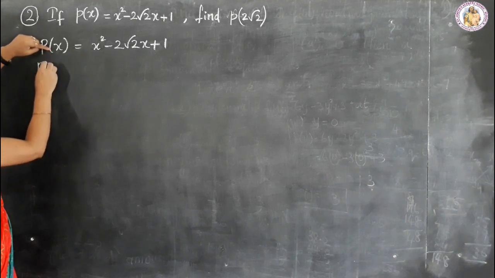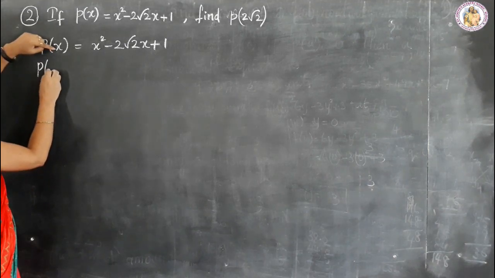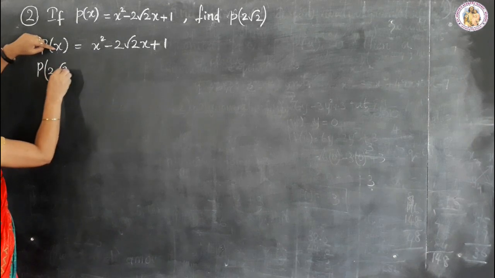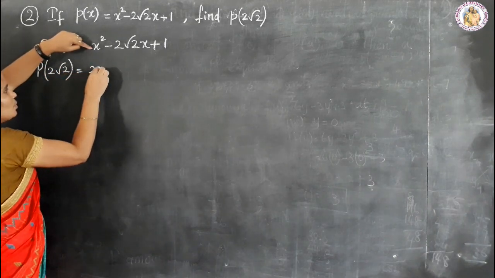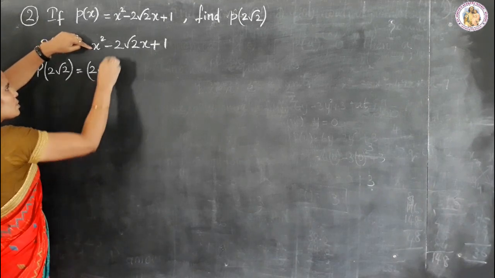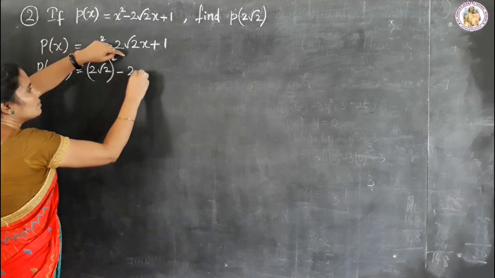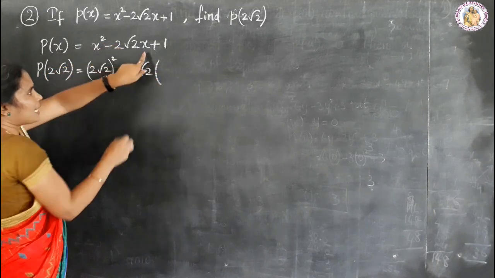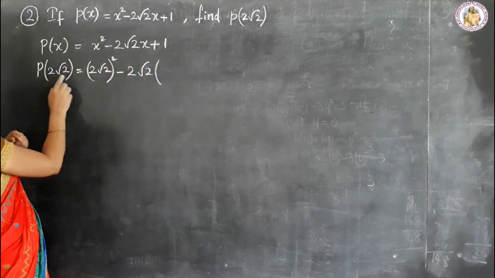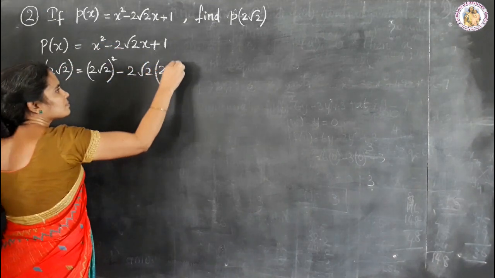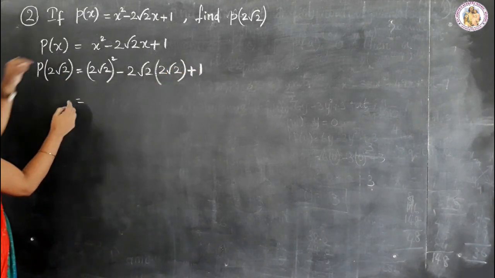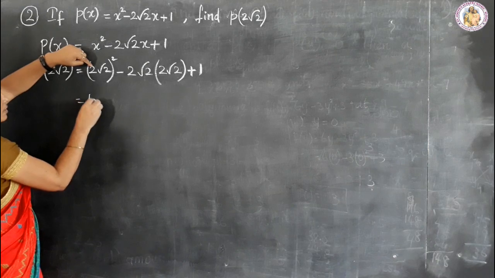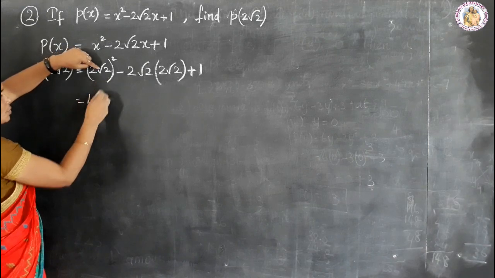And p of x, in the place of x, write 2 root 2, is equal to 2 root 2 whole square minus 2 root 2 within bracket, right, 2 root 2 plus 1. Okay. So 2 into 2, 4, root 2, 2.